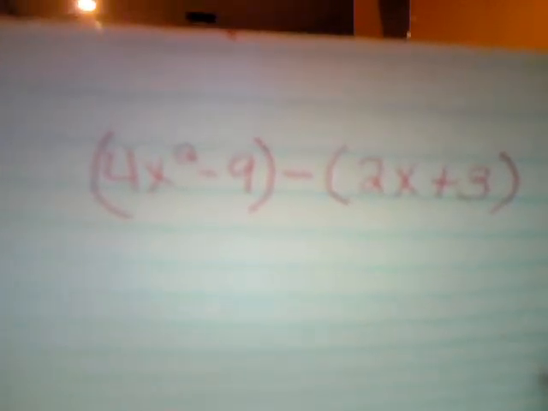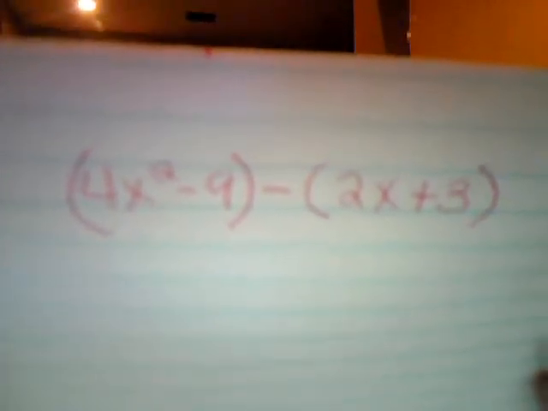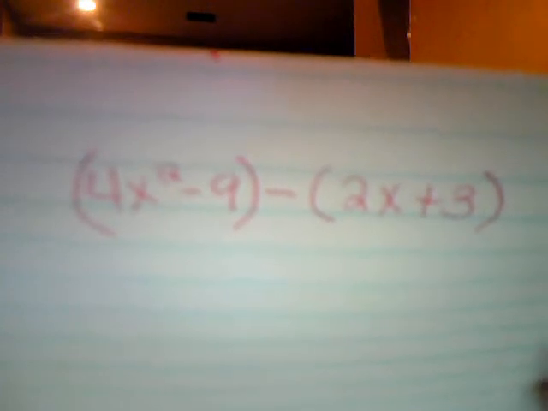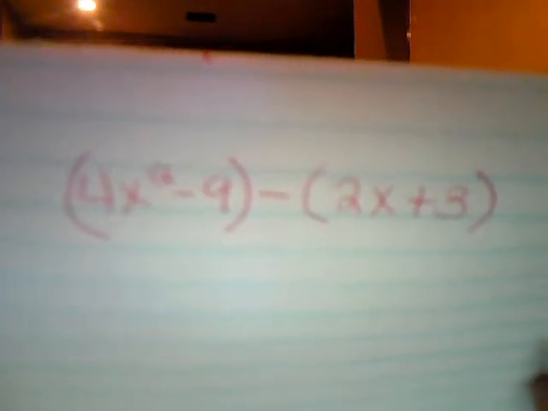That negative in the middle is going to affect the signs of both terms in the second function, because you have to distribute that negative. So when you do that, the 4x squared stays the same because there's nothing affecting the 4x squared. Minus 9 stays the same because the negative is after that function.